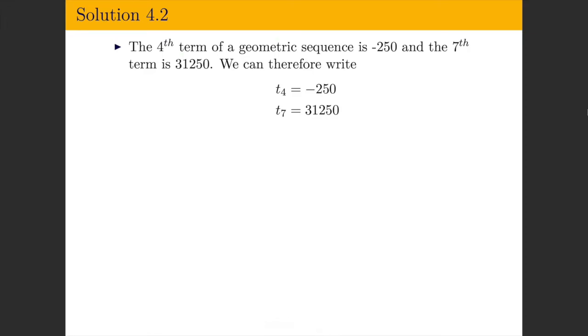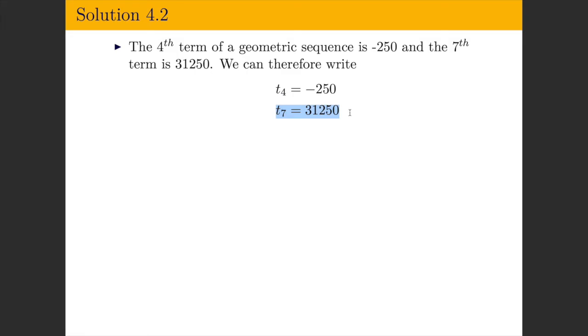In example 2, the fourth term of the geometric sequence is -250, and the seventh term is 31,250. Using these two pieces of information, we can write T4 is equal to -250, and T7 is equal to 31,250.